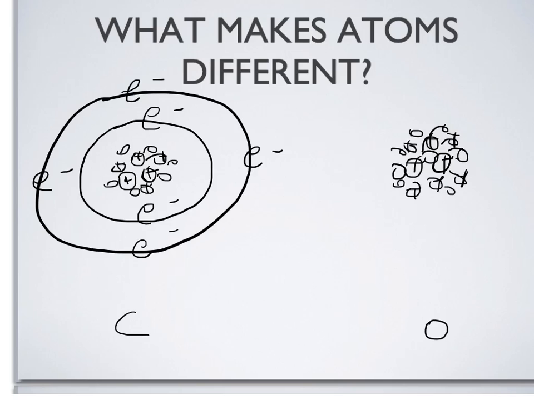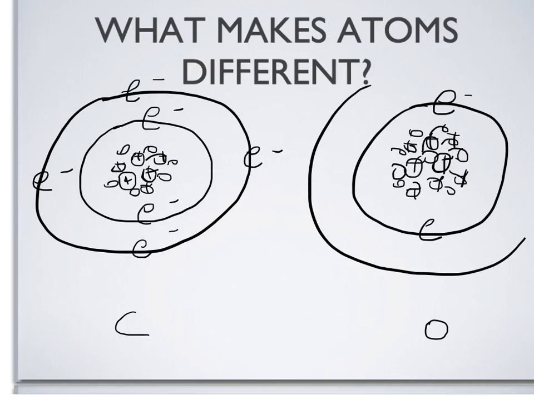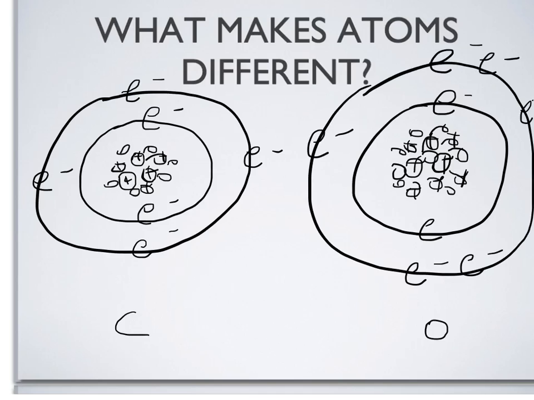And if we have 8 protons, then we're also going to need, you guessed it, 8 electrons. Now, there's a reason I'm only putting 2 in the middle. We'll get into that eventually, but not in this podcast. So again, what makes a different element is all in the number of protons.